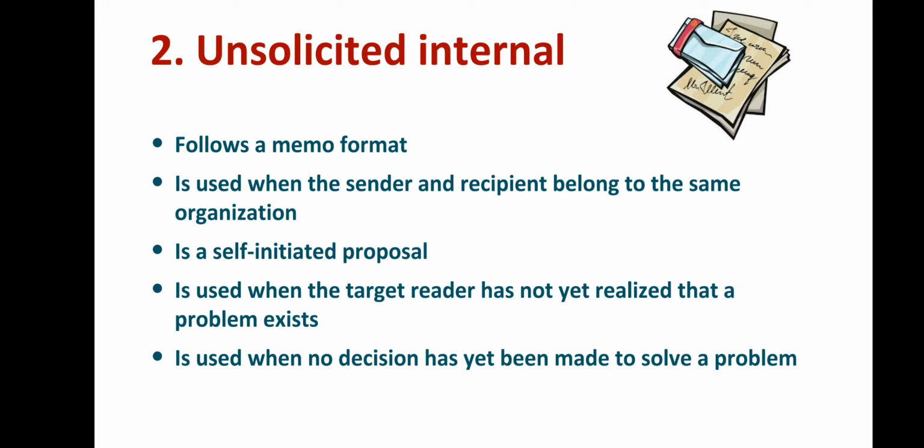And is used when no decision has yet been made to solve a problem. So, an unsolicited proposal is a written application for a new or innovative idea submitted to an agency because there might be some problem with the previous idea or the previous plan. Okay, so this is an unsolicited internal.